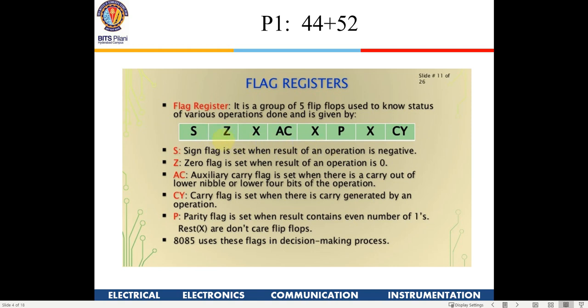Based on the status flags, we can write our program further: whether it is greater than or equal to, whether the result is a positive number or not, and if there is a carry, what to do next. Those kinds of checks follow the earlier instructions, and we decide how to move ahead based on the status flags. That is the importance of the status flags in microprocessors.